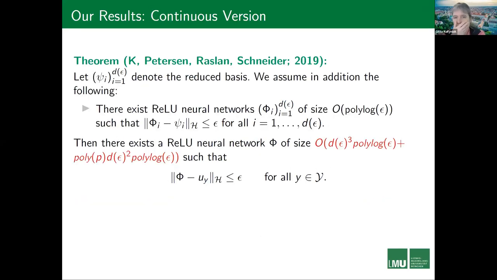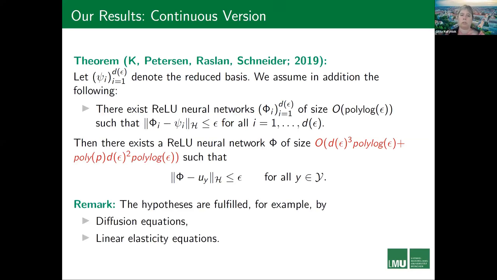And you can also show it in some sense for, say, a discrete version, where you look at specific Hilbert spaces and, with certain additional assumptions where the neural networks approximate the basis of the reduced basis space very well, you can also get such a result, again with a benign dependence on all the dimensions involved. And so these hypotheses are fulfilled for various different types of partial differential equations.